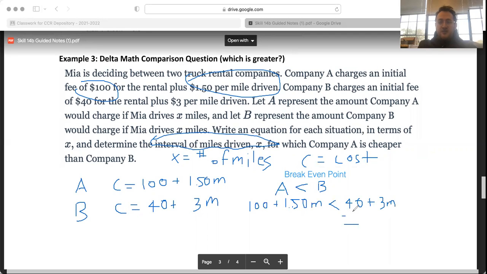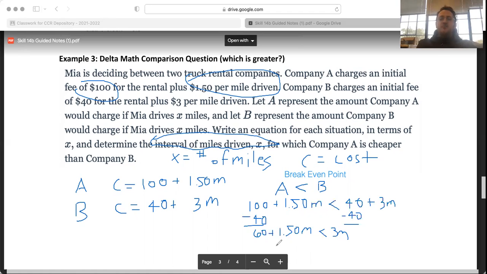And we're just going to subtract 40 on both sides. So I'm going to get 60 plus $1.50 M is less than 3M.